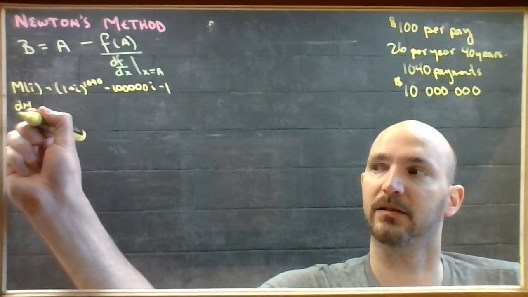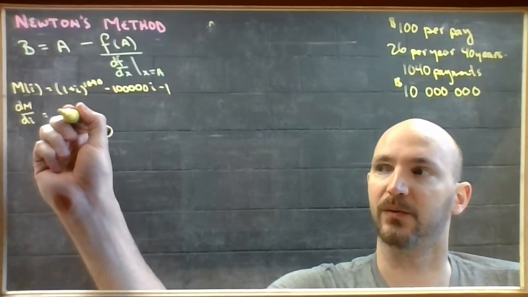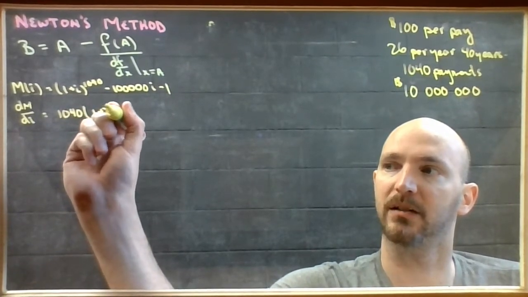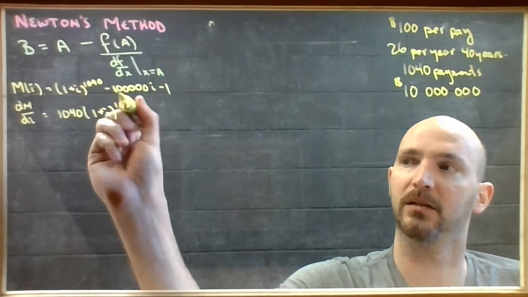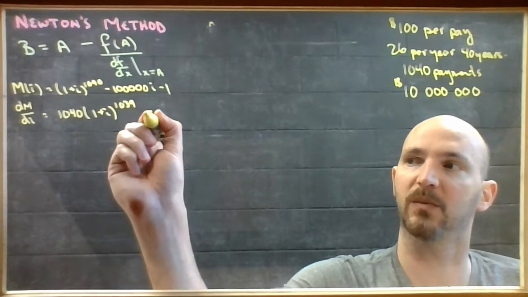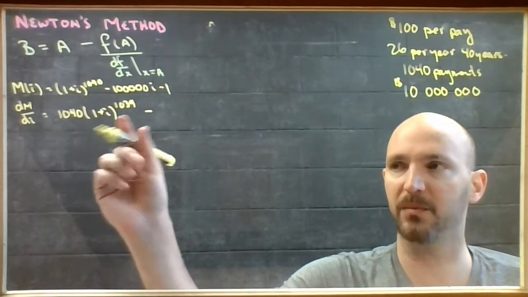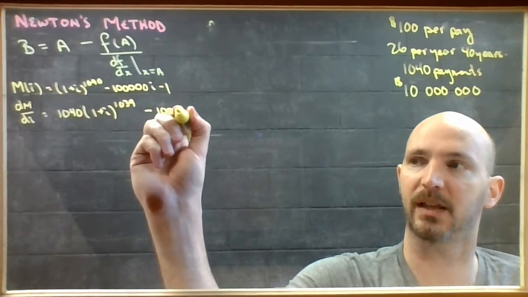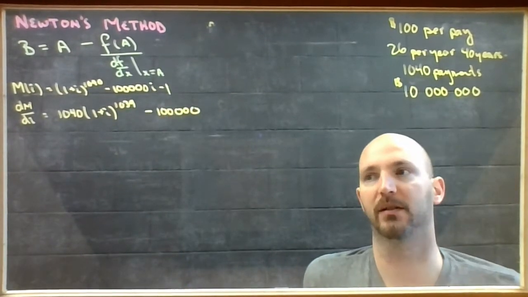So dm by di equals, bring the exponent in front, 1040 times 1 plus I, drop the exponent by 1. The derivative of 1 plus I would just be 1, so I don't need to worry about it. Derivative of this is 100,000. The I has gone away, and my negative 1 has vanished.